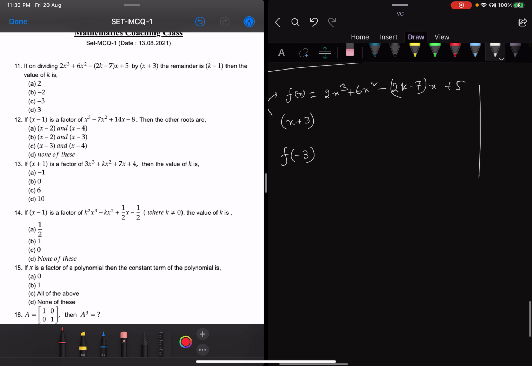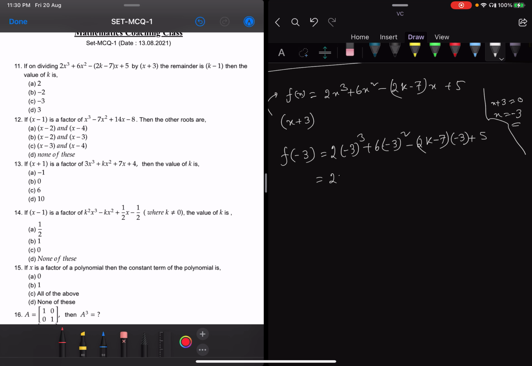Because x plus 3 equals 0 gives x equals minus 3. Just put the value x equals minus 3 in this expression, and this f of minus 3 will be the remainder. Now let's calculate this: 2 into minus 3 whole cube plus 6 into minus 3 whole square minus (2k minus 7) into minus 3 plus 5.